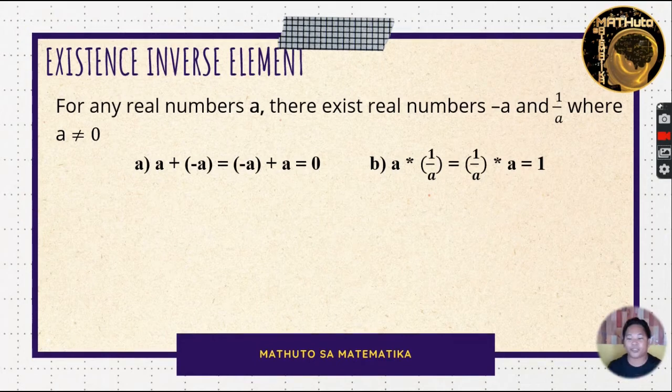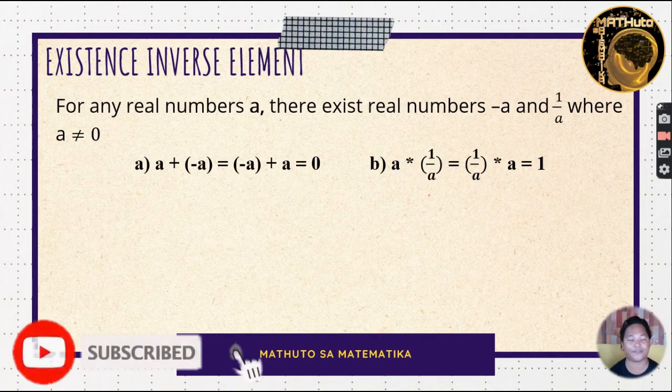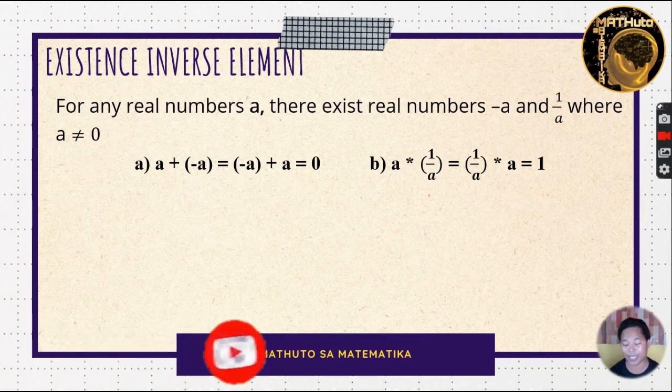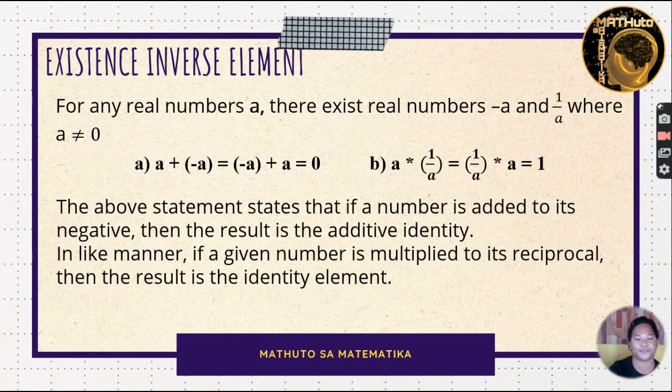For multiplication, we have A times 1 over A, or the reciprocal of A, equal to 1 over A times A, which is equal to 1. For addition, we have the negative or additive inverse. And for multiplication, we have the multiplicative inverse.